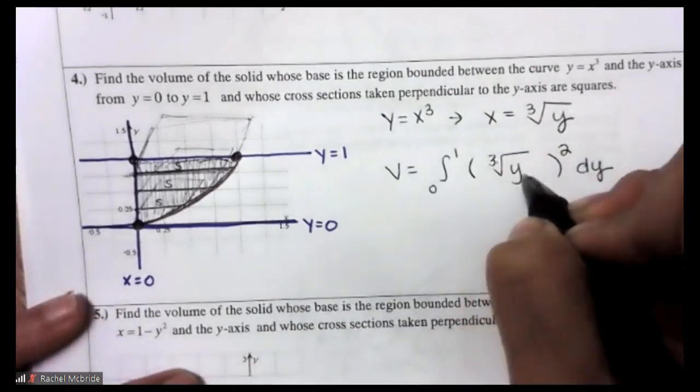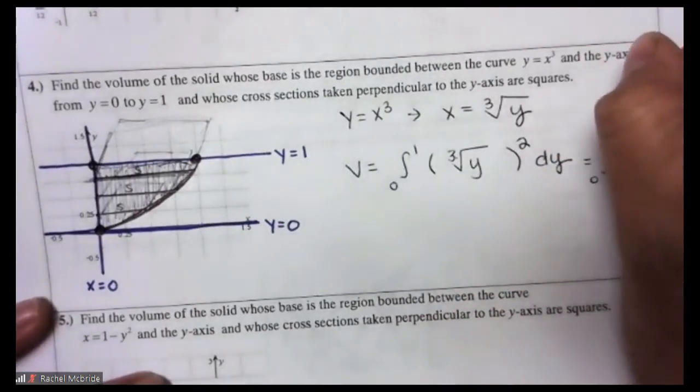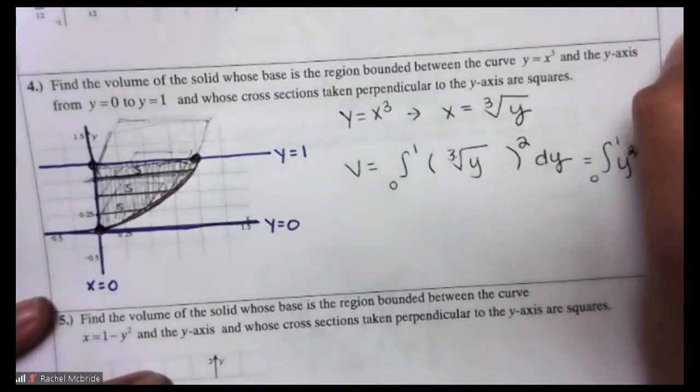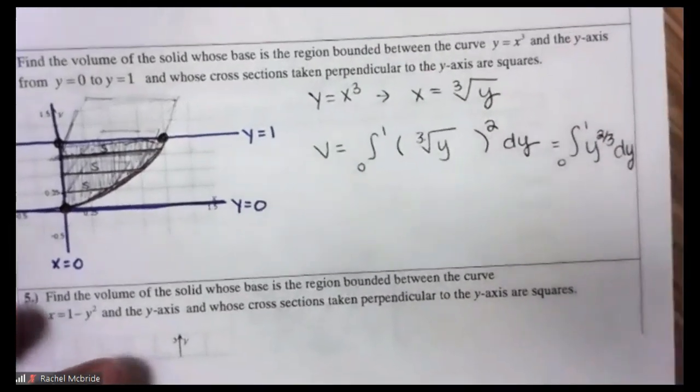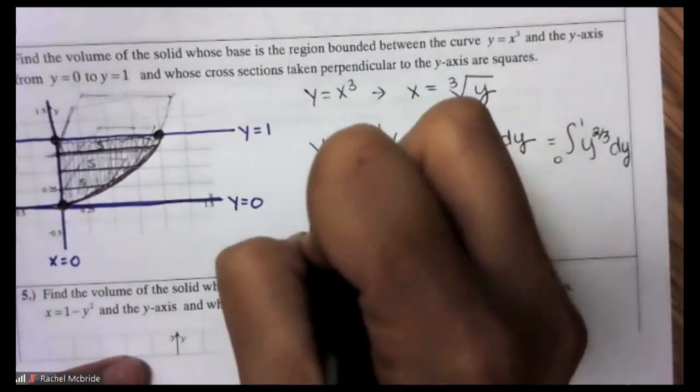The cube root of y squared is the same as the integral from 0 to 1 of y to the 2/3 dy. So the antiderivative of y to the 2/3, same rules. Add 1, divide by your new power.